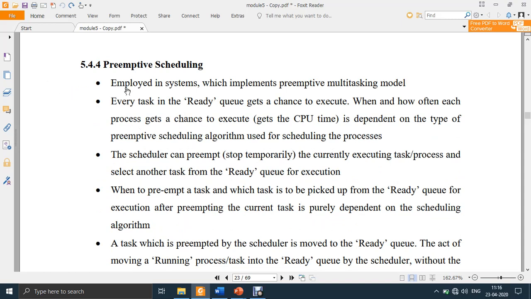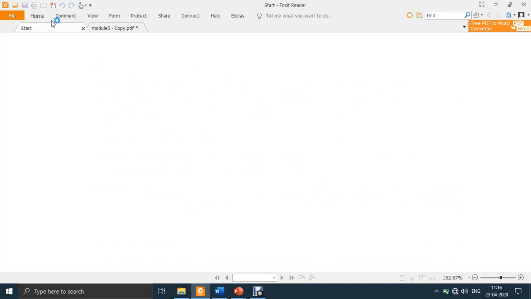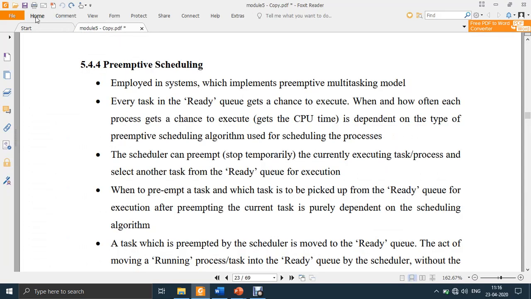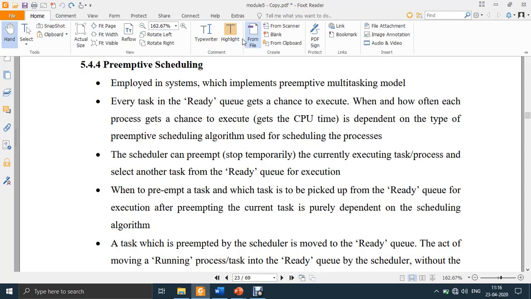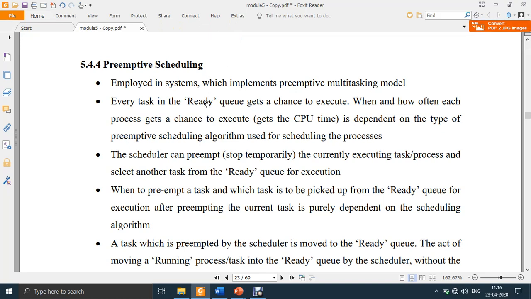this preemptive scheduling also. As the name itself indicates, preemptive or preempt means forceful deallocation of a resource. So in this case, forceful deallocation of the CPU. What is the meaning of this? Once you allocate the CPU to a process, there will be, let's say, n number of processes. Out of those n number of processes, you select any one process and you allocate the CPU to that process.